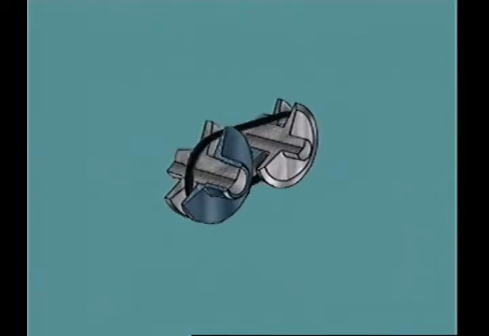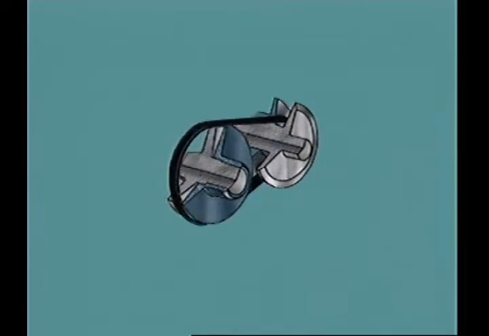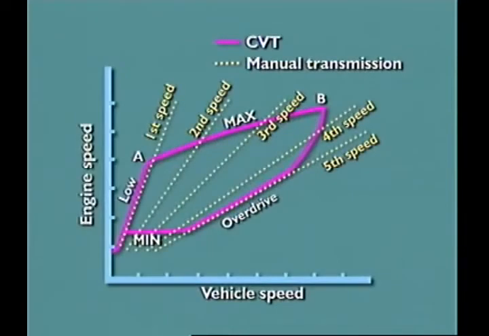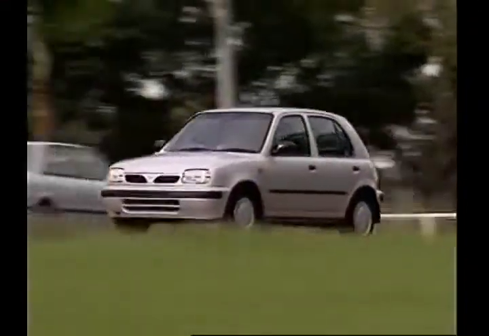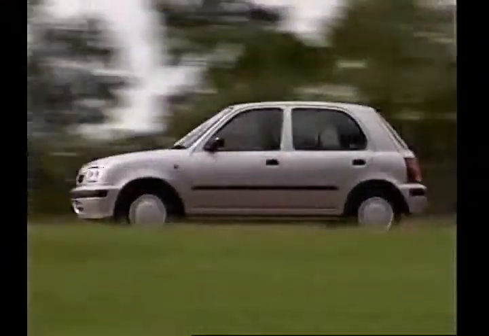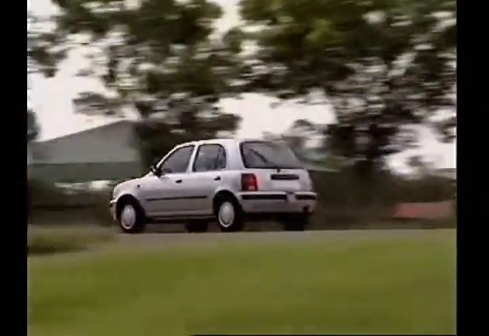Between these extremes, the variation in pulley widths provides a stepless range of gear ratios, which is not linear, as in a manual transmission. It is expressed as the region bound by the maximum and minimum pulley ratio. This allows the engine to run in its most efficient speed range for fuel consumption and maximum torque output.